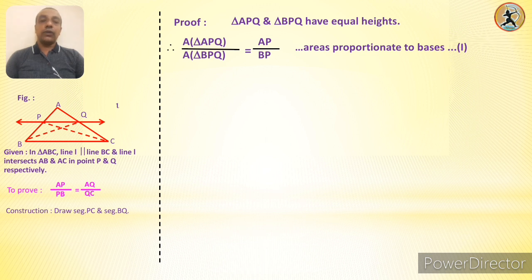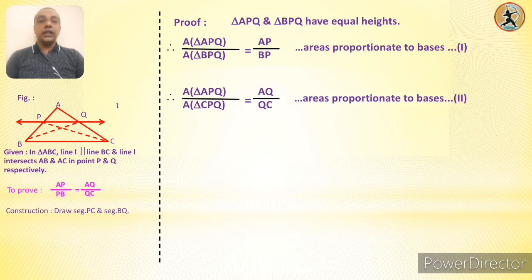Again, AQ and QC are the parts of triangle APQ and triangle CPQ having common vertex P and on the same baseline AC. Therefore again these two triangles have equal heights and the ratio of their areas is equal to their corresponding bases. Therefore area of triangle APQ upon area of triangle CPQ is equal to AQ upon QC. The reason will be the same. Statement number 2.